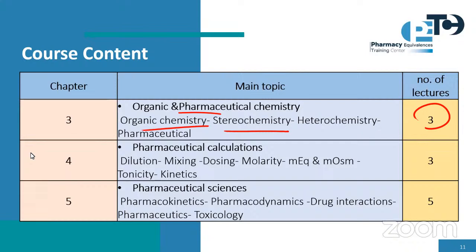The 4th chapter is about pharmaceutical calculation, which gives a headache to most members taking this exam. In this chapter, we will have 3 lectures covering all types of calculation problems that you will have in the exam.